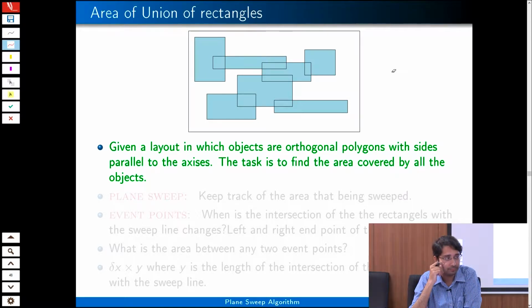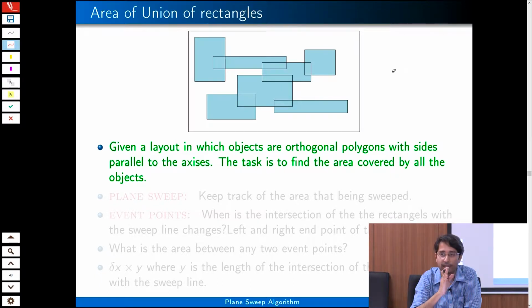Okay. And then at each edge, when we have new endpoints, we'll check those and find those areas. So his suggestion is to use the sweep line technique. When we talk about the sweep line technique, he has correctly pointed out that the first thing we need to find out is the event points.